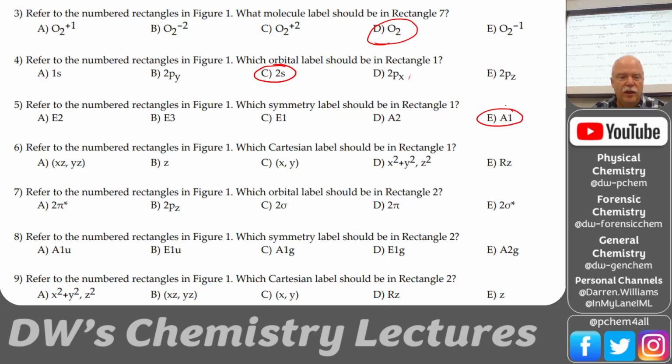Refer to the numbered rectangles, figure 1. What Cartesian label should be in rectangle 1? This is a sphere, the 2s orbital. Looking at the character table, you're going to see all of these squared ones, x squared, y squared, z squared. It's not exactly the equation for a sphere, but it's close, it's similar.